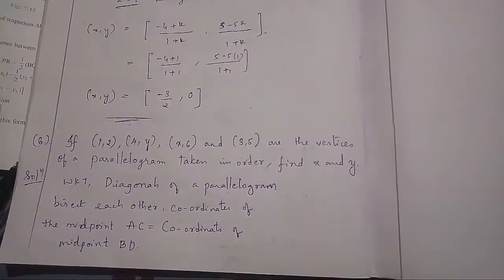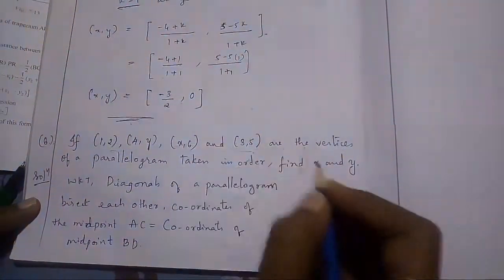Okay, that is, the given 4 points are the vertices of a parallelogram.